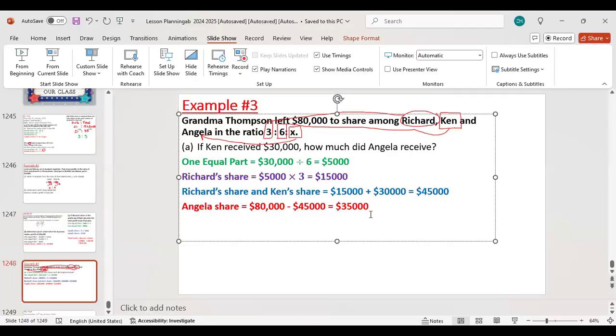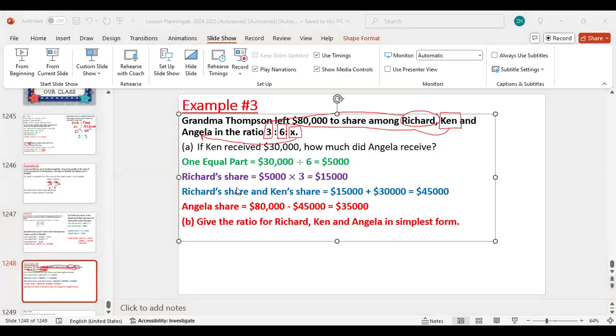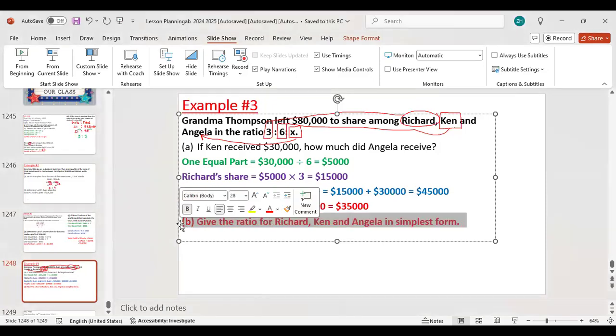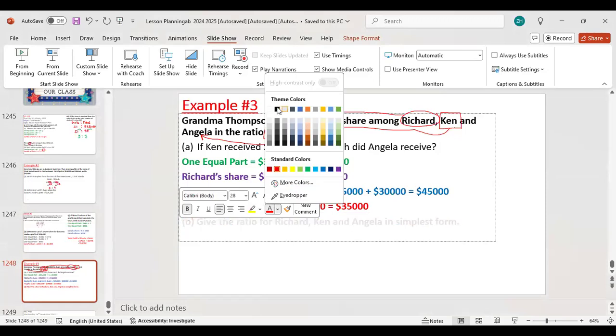All right, B. So the question says give the ratio for Richard, Ken, and Angela in simplest form.